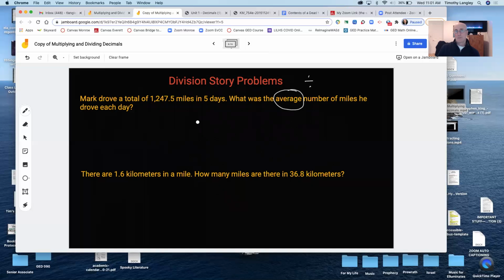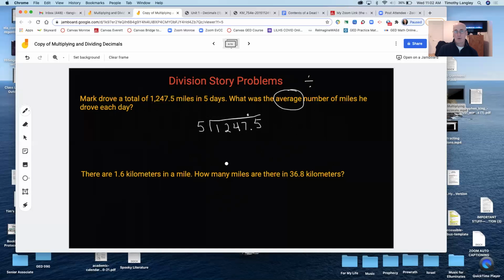Well, if I divide, since there were 5 days, 5 into 1,247.5, I don't have to move a decimal point anywhere here in my dividend, so I'm just going to stick it right here and do my math, and that'll tell me the average of how many he did in 5 days.